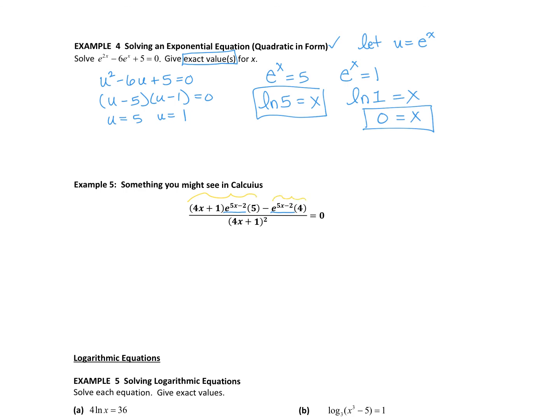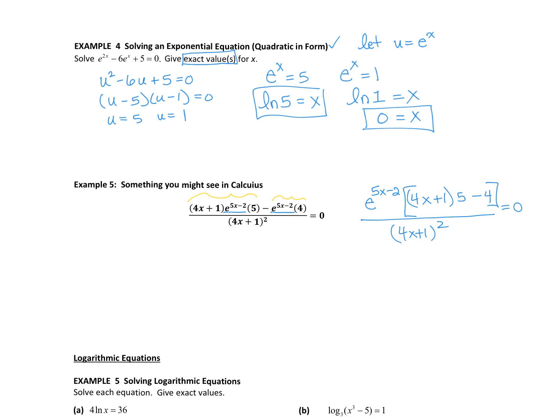So I know it looks really scary, but once we do that, you're going to see that it's much, much easier. So when I do that, I'm going to be left with 4x plus 1 times 5 minus 4 over 4x plus 1 quantity squared.